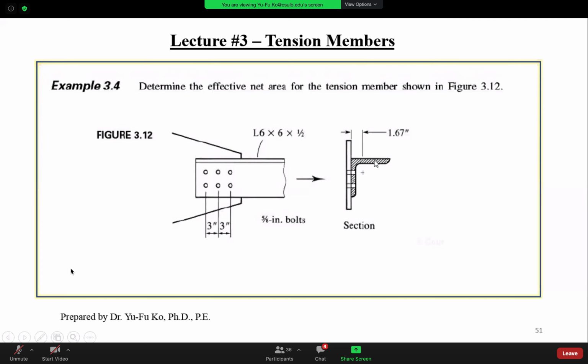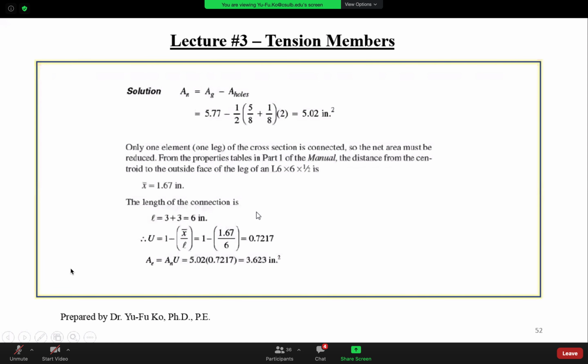I'm just talking about the L where you said 3 plus 3. What 3 is that referring to? 3 plus 3 because from here to here is the connection length. So if it was only one vertical row of 2 bolts, would L be 0? Then L is equal to 0.